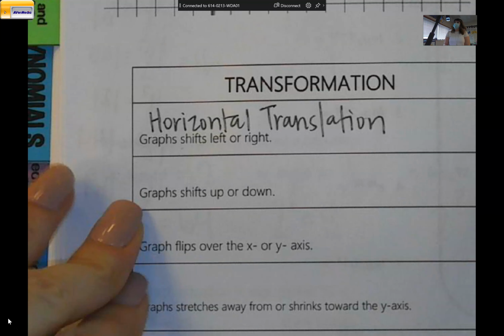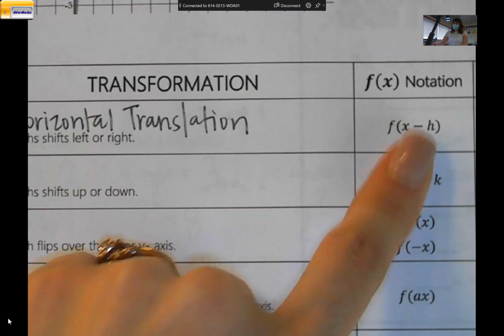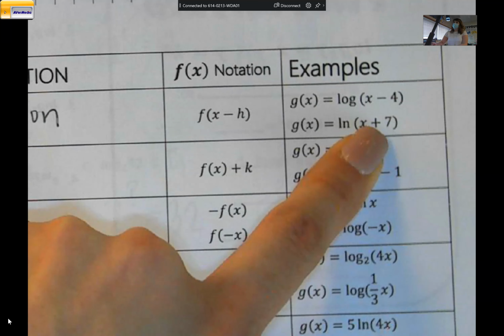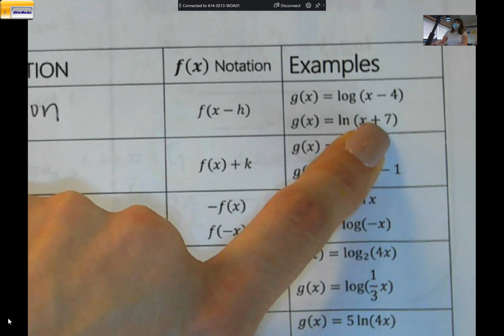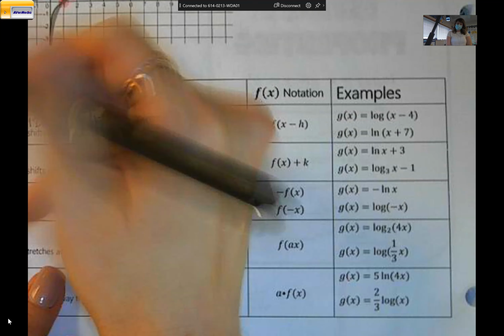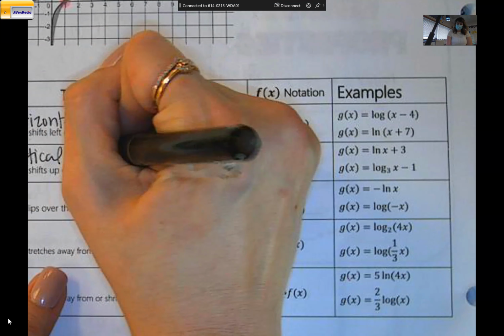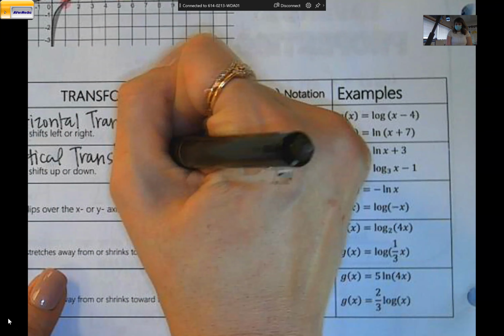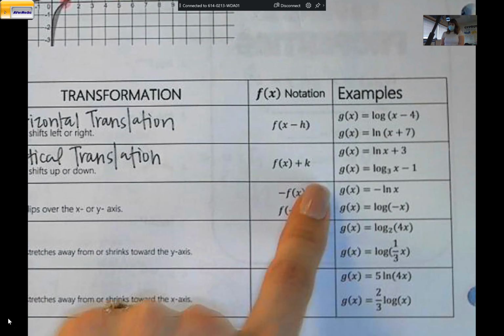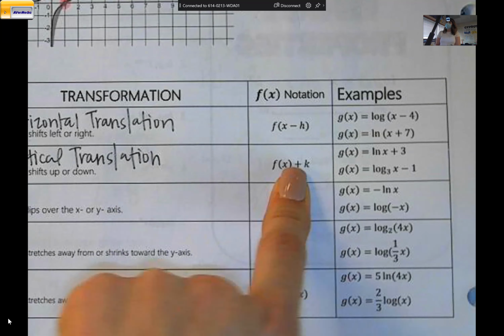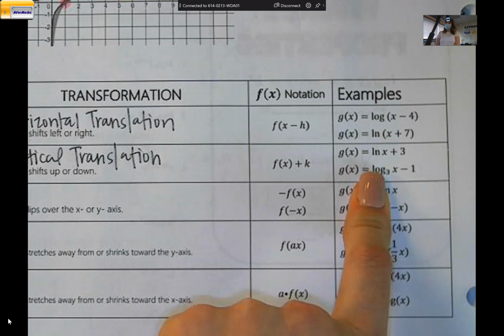And notice it's showing you here that it's trapped in with the x, and then it gives you some actual examples of what it would look like. The next one is a vertical translation, which is just fancy for shift up or down. He's being added or subtracted to the entire function, and then once again it gives you some actual examples of that.